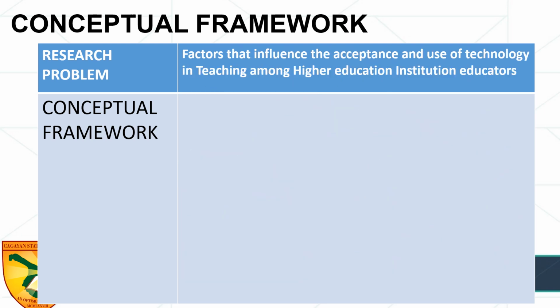Another example is this with the research problem: factors that influence the acceptance and use of technology in teaching among higher education institution educators. When we talked about your theoretical framework examples a while ago, we saw a lot of theories that talk about the use of technology. So we can actually use only one part of that theory and then add other concepts that are not in that theory.